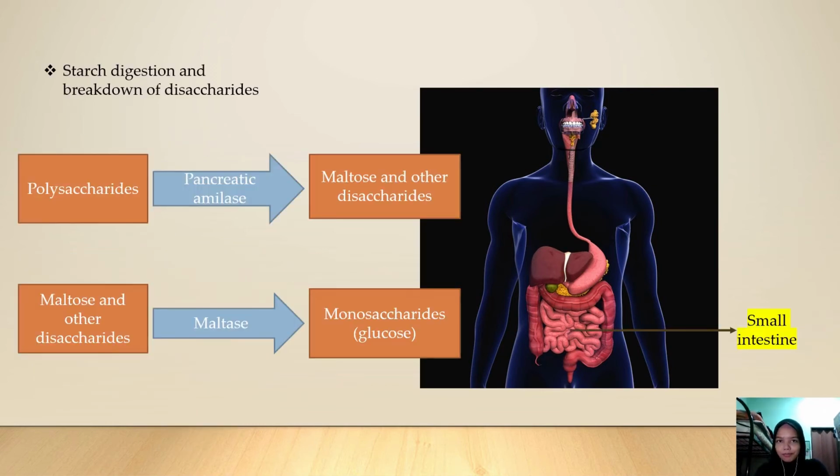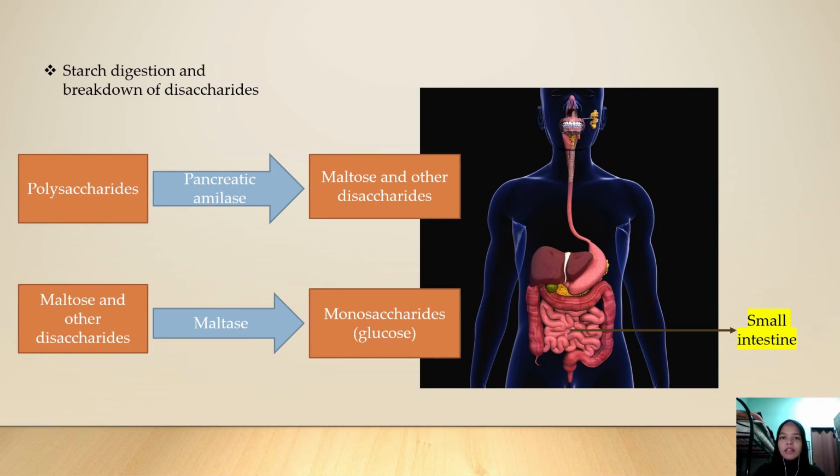Small intestine. In the small intestine, the majority of starch digestion and breakdown of disaccharide occur here. The enzyme in the small intestine is pancreatic amylase. This enzyme breaks down polysaccharide into maltose and other disaccharides.